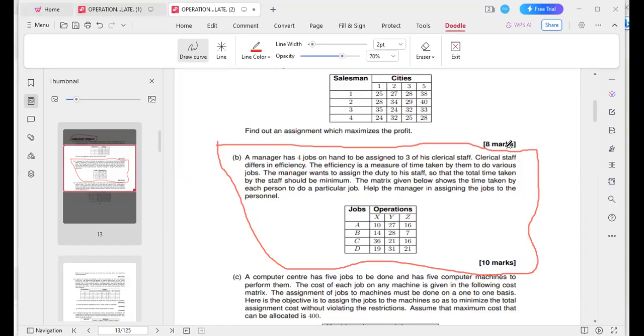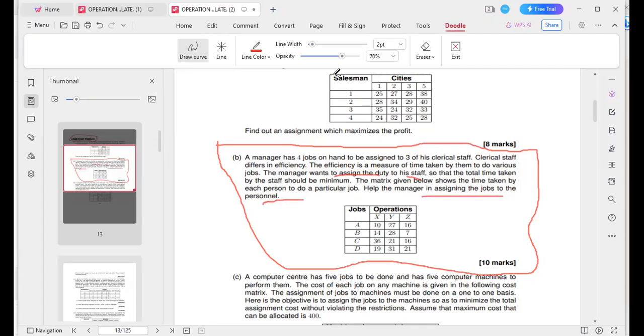The manager wants to assign the duty to his staff so that the total time taken is minimum. So you want to assign so that you minimize the completion time. The matrix below shows the time taken by each person to do a particular job. Help the manager in assigning the jobs to the personnel.